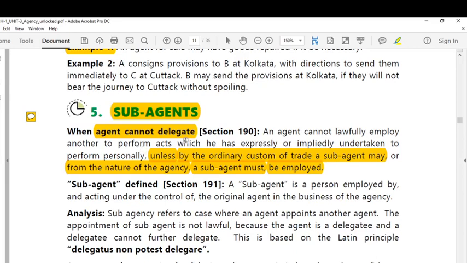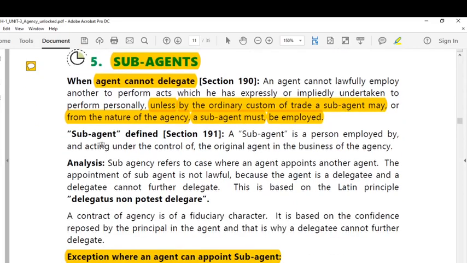So here what it says is that under section 190, in normal course, an agent cannot lawfully employ another person to act on his behalf as a subagent. However, if in the ordinary custom of trade a subagent is normally appointed, then it can be allowed. That is what it says.